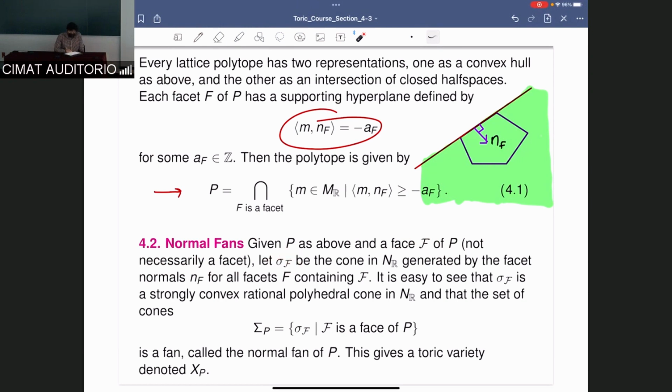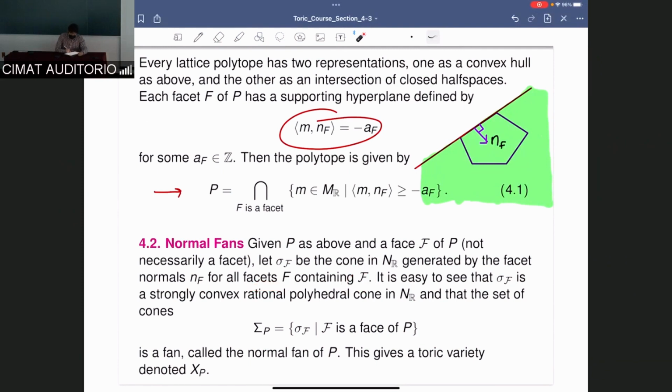But this cone doesn't live where the polytope lives. The polytope lives in the one that we are calling M. This sigma that we are associating to fancy F lives in the dual one, lives in the one that we are denoting N. And it is the cone generated by all nF, by all facet normals, as you let the facets run over the ones that contain your fancy F.